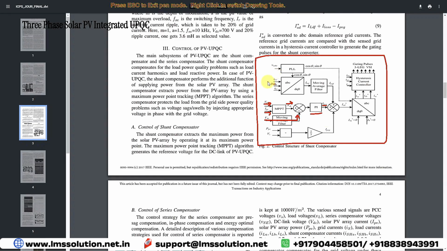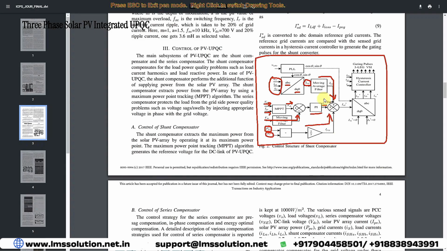Next, you have to measure the load current, and it is converted into the DQ0 reference frame, ABC to DQ0, and then you take only the direct axis load current. Then it is used here, and based upon the PV power and the grid terminal voltage, you have to find the I power from the PV panel.